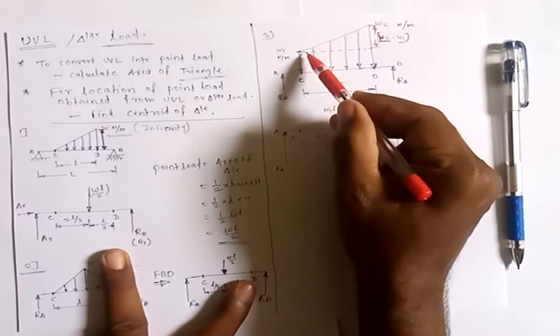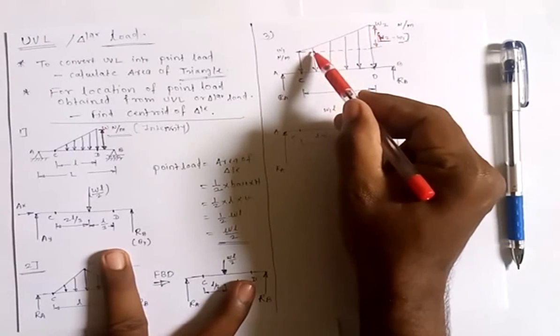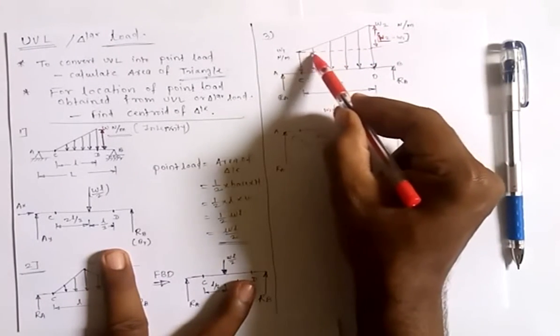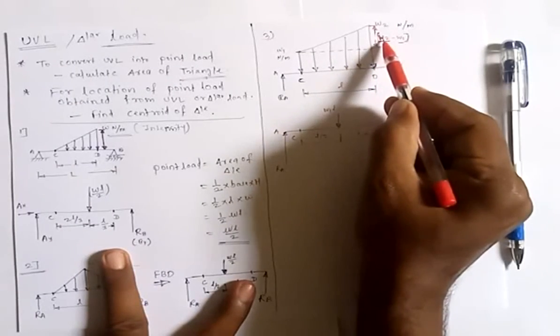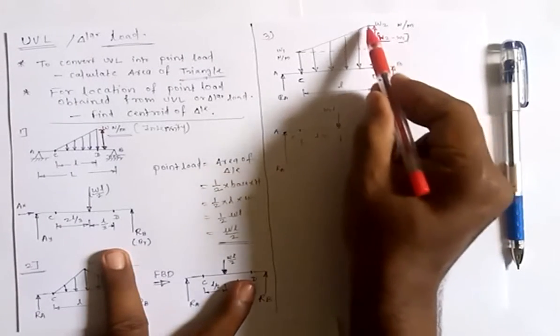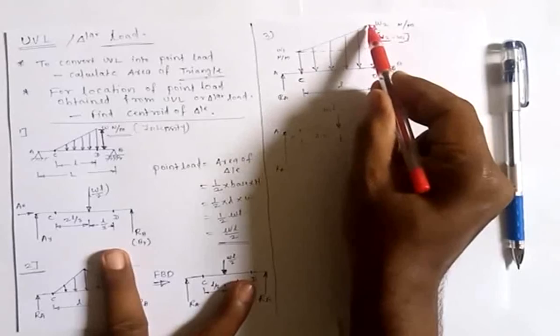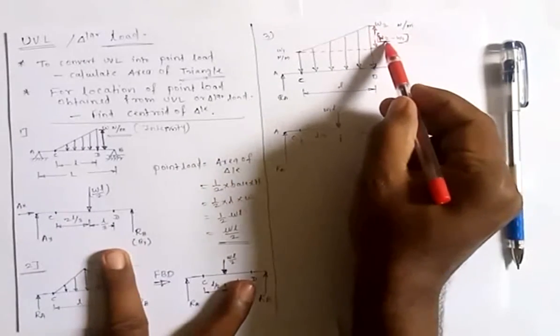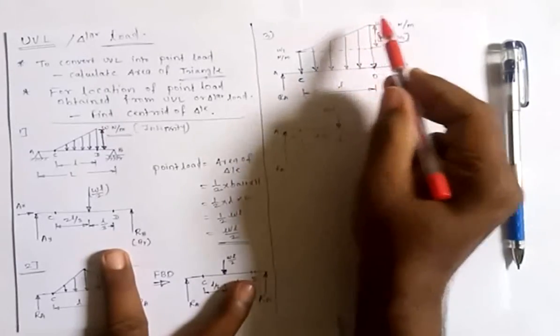Now we also know how to convert the triangular load into point load. It is done by finding the area of the triangle. So what is the area of the triangle? Base is L, height is W2 minus W1, not the entire W2, but for the triangle the height is only W2 minus W1. W2 is the height of the trapezoid, while W2 minus W1 is the height of the triangle.